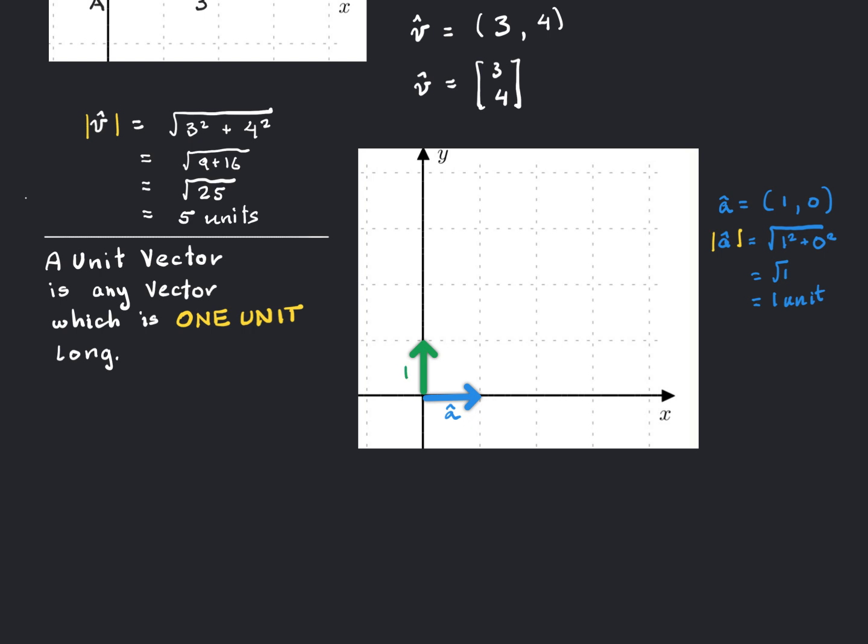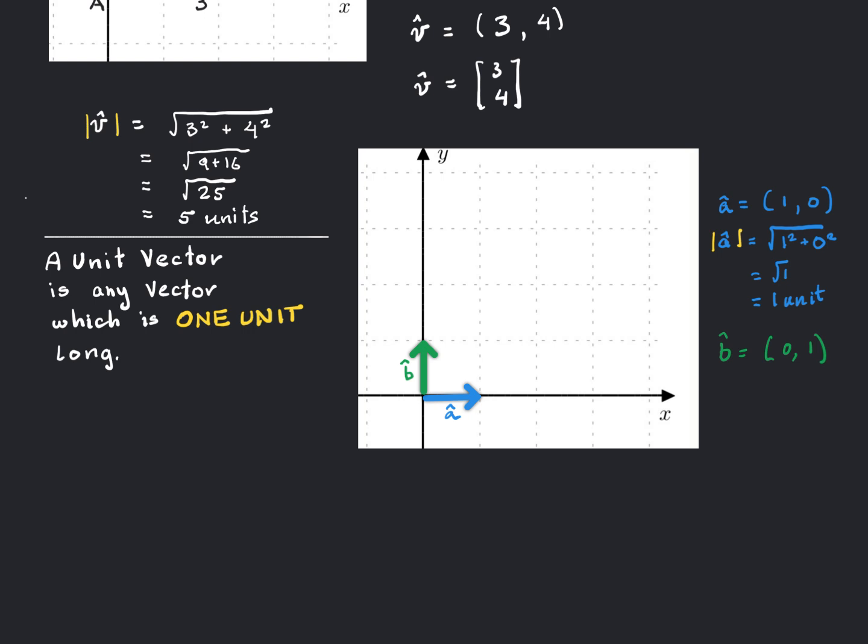If we call this vector here B, then in the same way our B vector is also a unit vector, with 0, 1. There is no movement in the x direction, but it goes up by 1.